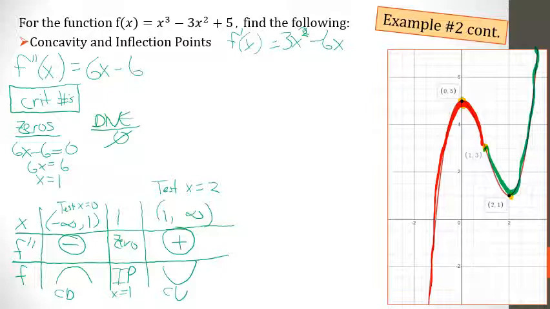And you can see the max here, the min down here, and the inflection point right here. So it has everything that we knew before we even had the picture of the graph.